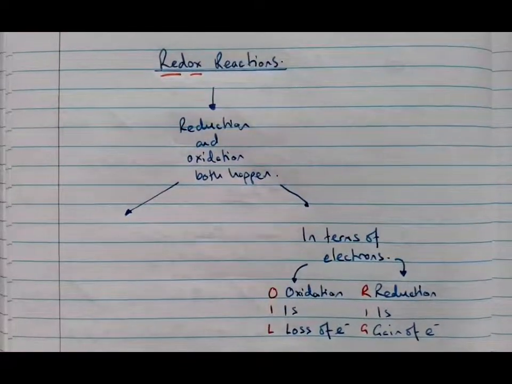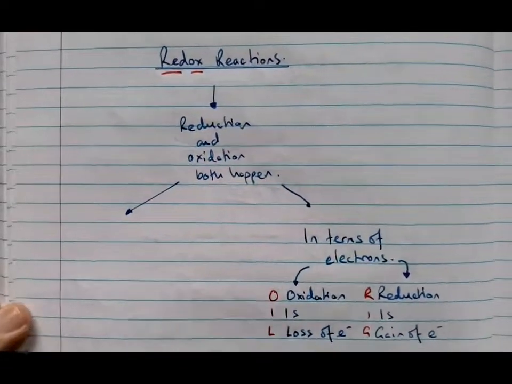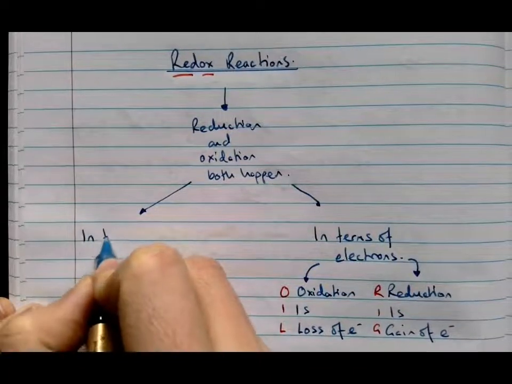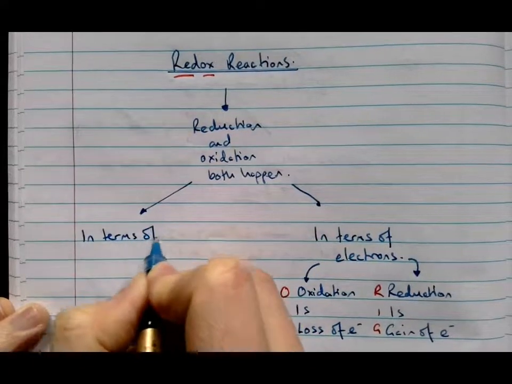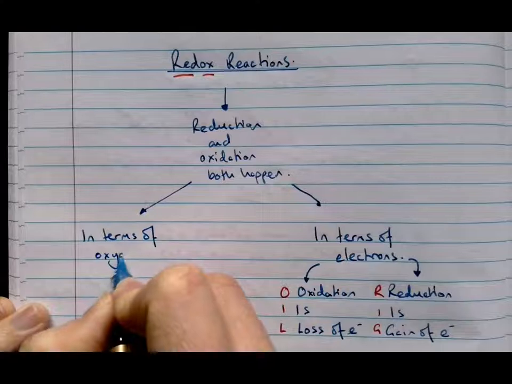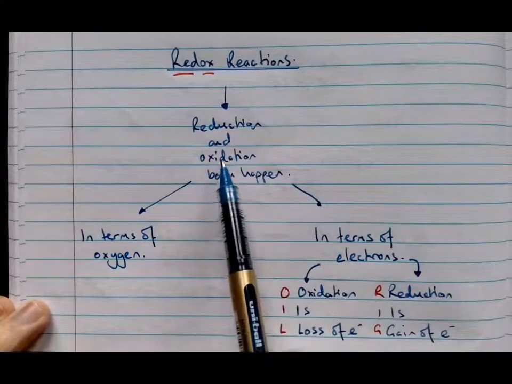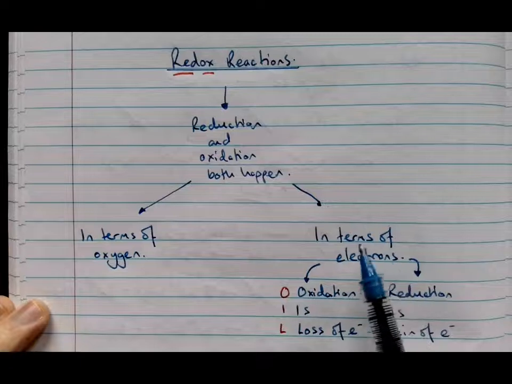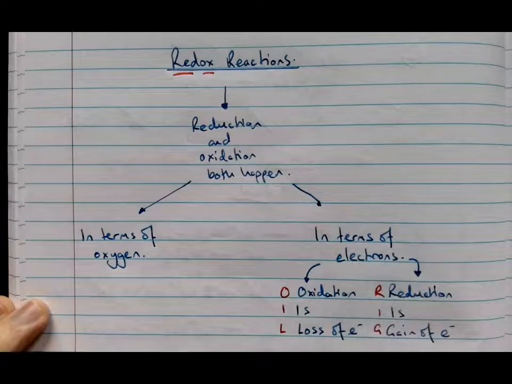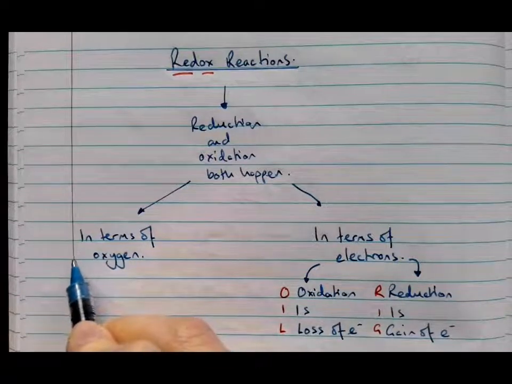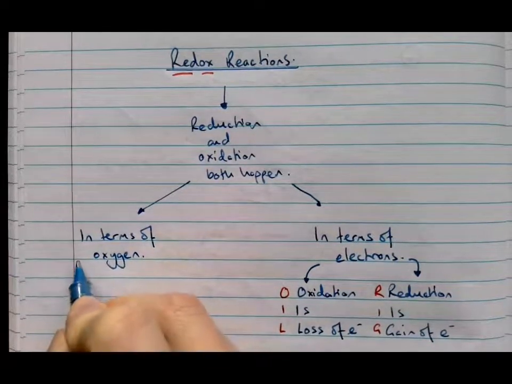We can also think about redox in terms of oxygen. Now this shouldn't really surprise you because it's called oxidation. If anything, you should have thought, well, what does oxidation have to do with electrons? But it is related. But for now, we can think of reduction and oxidation happening in terms of oxygen.